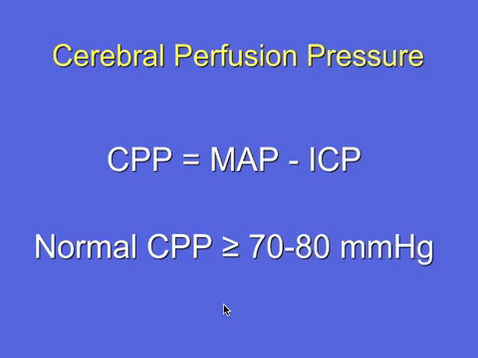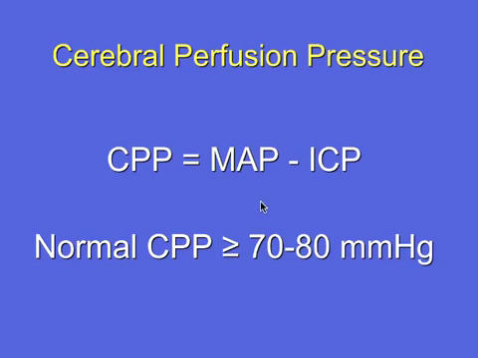This is an important thing to have in the back of your mind when you're thinking about the way in which someone's brain is working, and it's just the concept of a cerebral perfusion pressure. And the cerebral perfusion pressure is the pressure which is actually driving blood through the brain. So it's your mean arterial pressure minus your intracranial pressure.